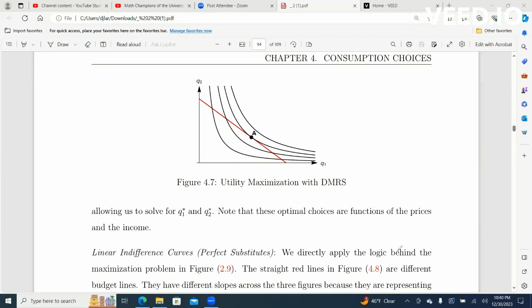And that's going to be the Q1 star. So there's little bits and pieces we forget to mention, but it's honestly because they're so obvious to so many. But at that point, that's where we're going to have the Q1 star and the Q2 star for maximizing utility.